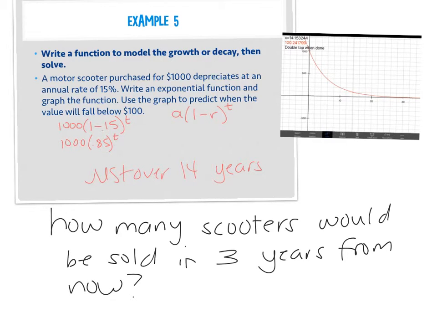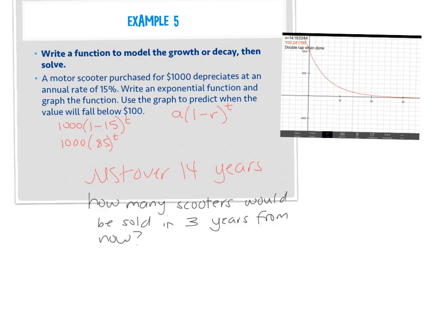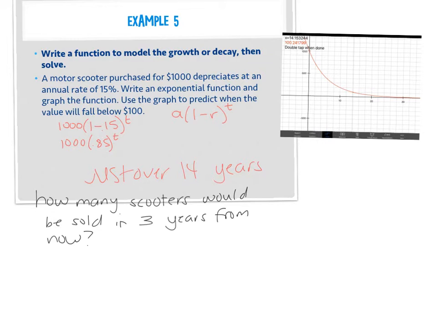Predict how many scooters are going to be sold 3 years from now. How do I use that information? What does that 3 represent? The T, or the time, right? So I take that whole model that I just made, and I plug the 3 in for T.